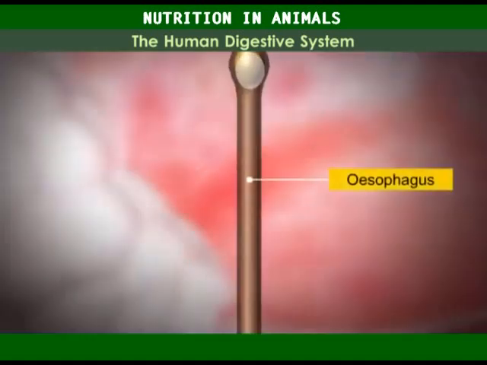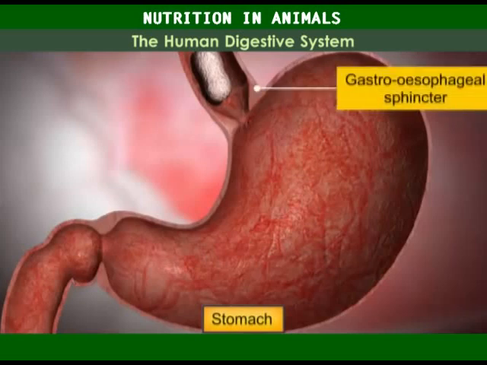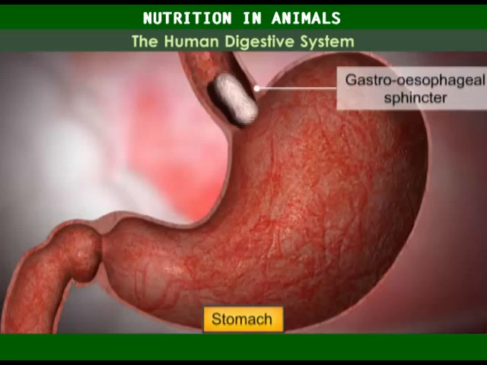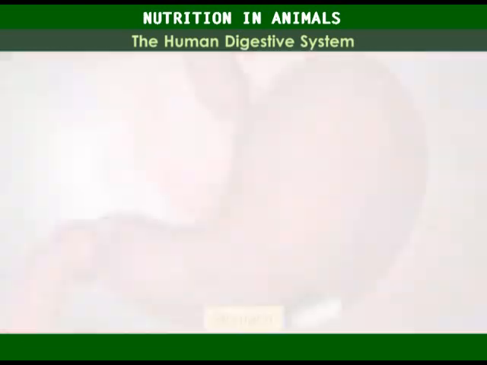The esophagus conducts the food from the pharynx into the stomach. At the end of the esophagus lies the gastroesophageal sphincter, a one-way valve that allows food to enter the stomach but prevents it from regurgitating.